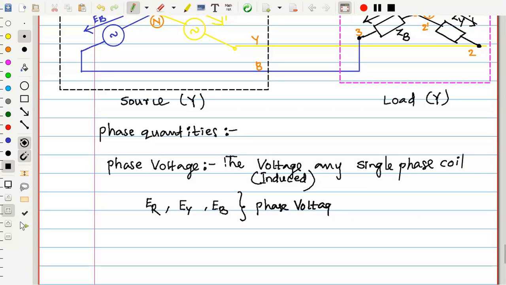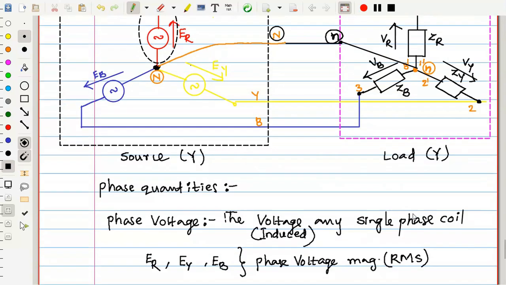Remember that these are not phasors, these are only voltage magnitudes, and you should understand that these are RMS values. It is by default understood that capital case letters are mostly RMS values, which are steady state in nature, constant.